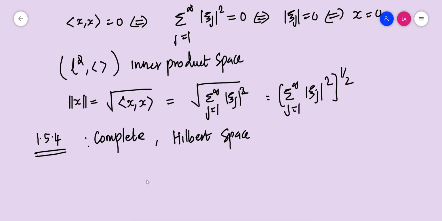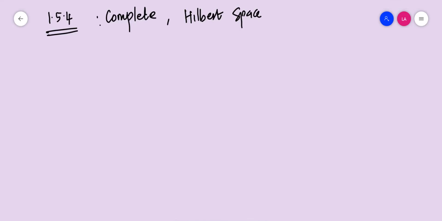So we have established that our space L2 is complete. Now what about the general spaces LP? Can you say something about the LP space as well? So LP, when P is not equal to 2, is not an inner product space.